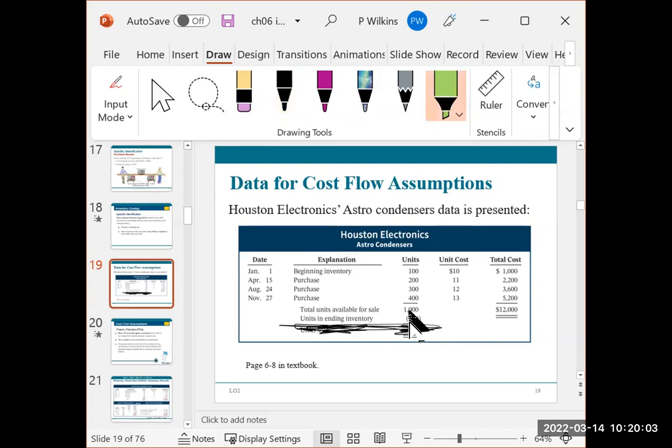You're going to figure out you started with 1,000 units because you're going to add up all these units that you put in your chart. And then if they tell you you had 450 at the end, you would know you sold 550 because 1,000 minus 450 is 550. Okay. Does that help a little bit?